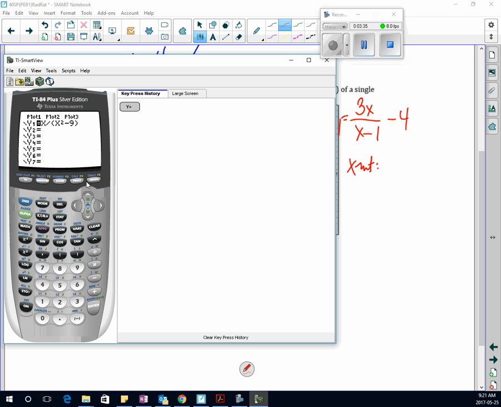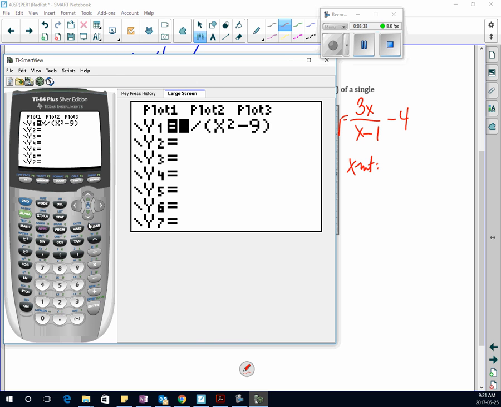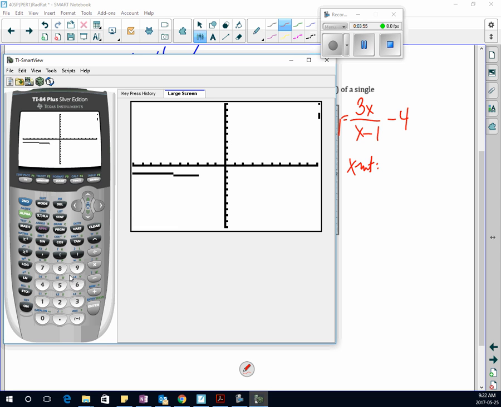Okay, so I'm going to be plugging in 3x divided by bracket x subtract 1, bracket subtract 4, and we are going to go zoom 6 so everybody's in the same viewing window, and we are trying to find the x-intercept, which is right there.